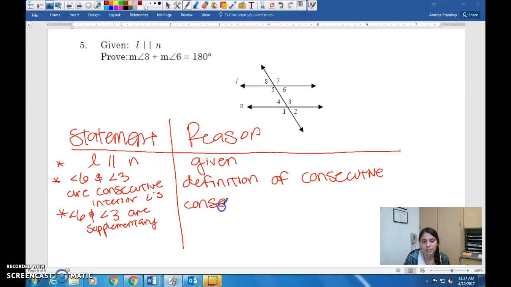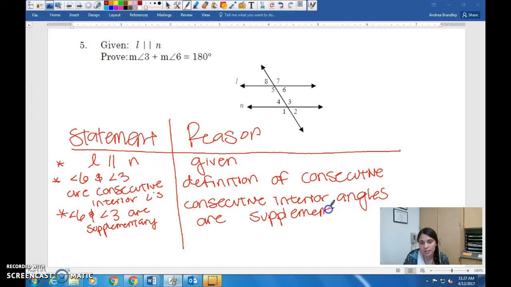Because consecutive interior angles are supplementary. And if they're supplementary, that means they add up to 180. So I can go right to my final thing. The measure of angle 3 plus the measure of angle 6 is equal to 180. And how do I know that? Well, from the definition of supplementary angles.